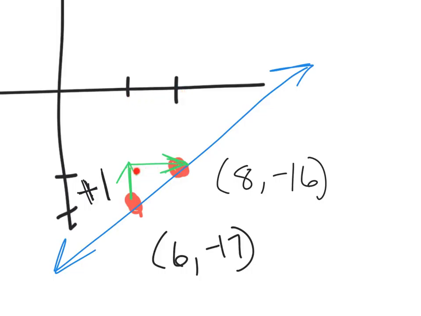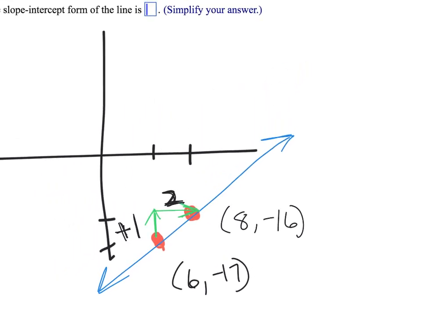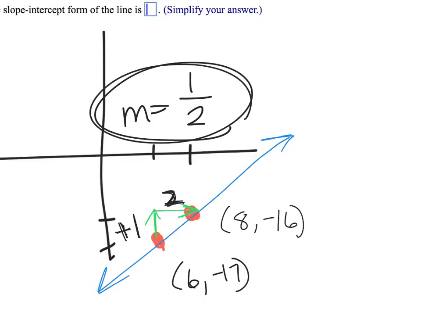So the distance between these 2 is 2. So our slope, what's our slope? Remember, slope is rise over run. So in this case, our slope is 1/2, because we rise 1, run 2, rise 1, run 2. So that is our slope.